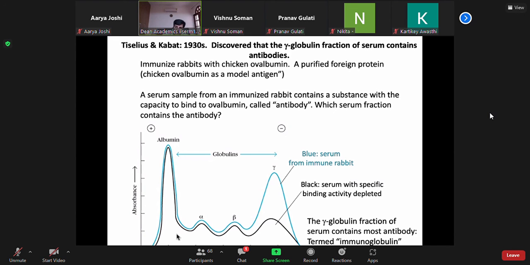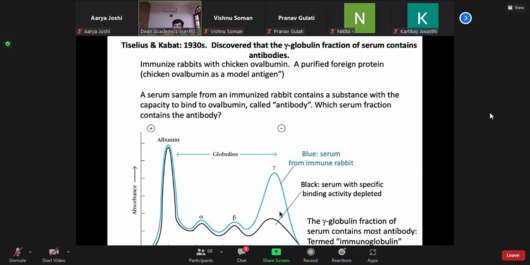Once those are separated, you can cut the piece of gel and then quantify how much protein is present, by taking absorbance at 280 nanometers. This is shown on this y-axis here. And on the x-axis, let's say you have loaded your sample here, from here to here, what is the distance in centimeters or millimeters? What is the distance up to this point?